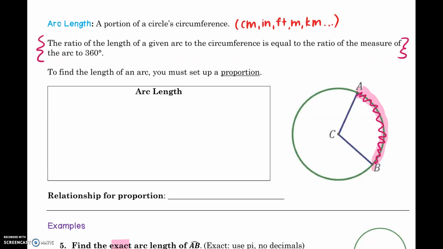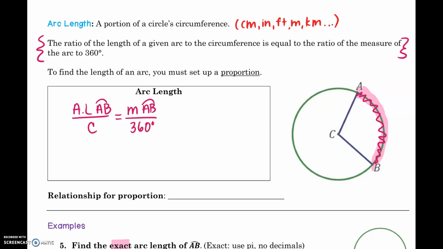So we have the arc length of arc AB over the circumference of the circle is going to be equal to the measure of arc AB in degrees over the total 360 degrees.